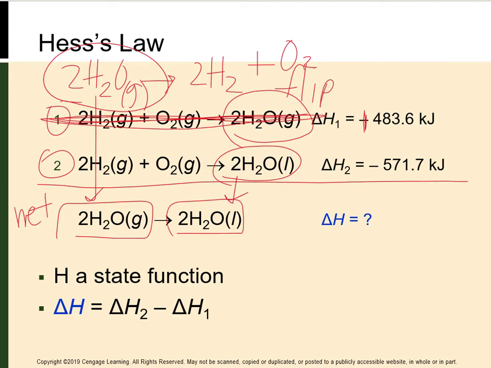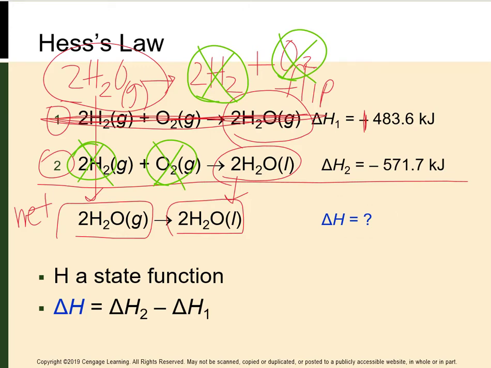Oh boy, so we don't have any other pieces in our net. So let's make sure everything else cancels. I have two H2s on the left. So I'm going to circle this. And I have two H2s on the right, so they cancel each other out. I have one O2 on the left, one O2 on the right. They cancel out. And I have nothing else.